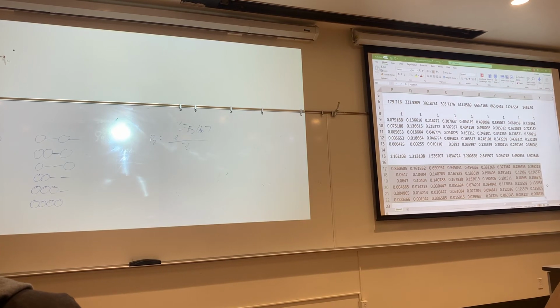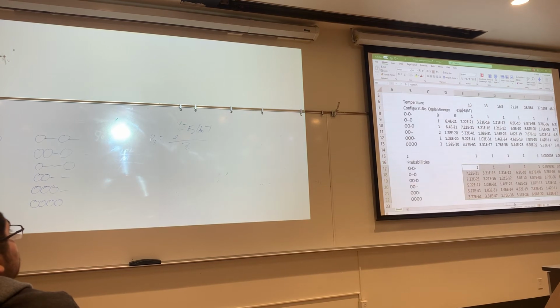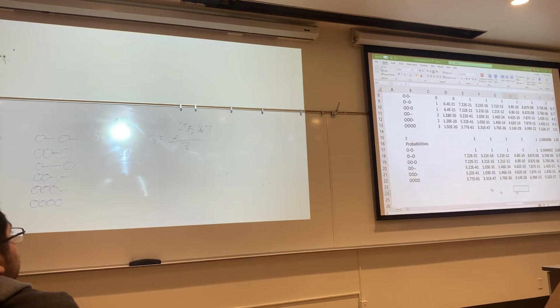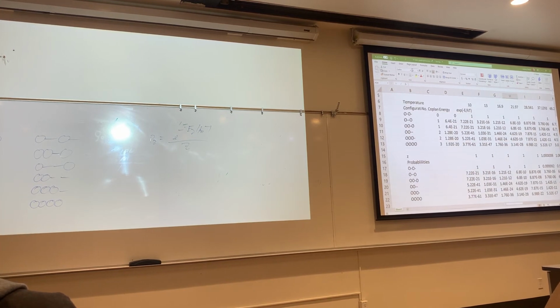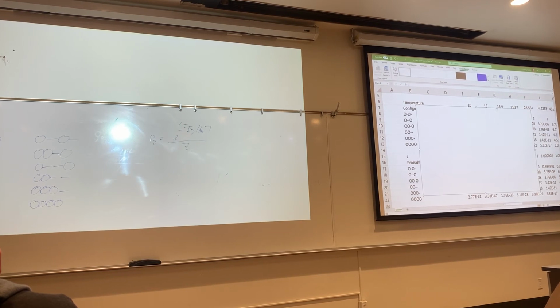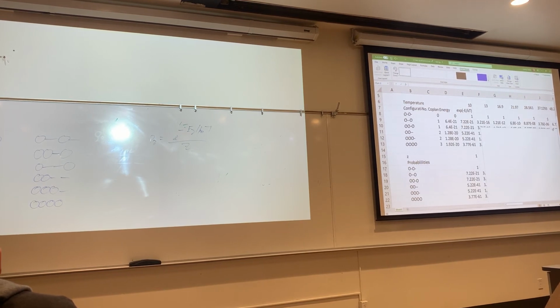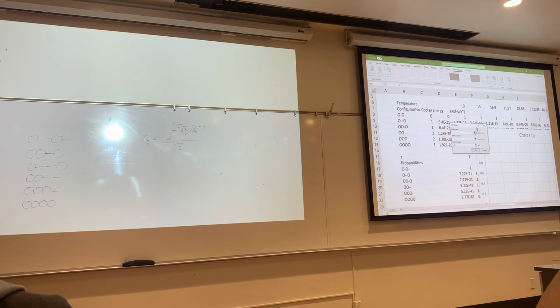So now we can directly have a look at what those probabilities are. So we can make our probability graph for that, and we insert the graph again in the same way. And then we select the data for this graph, and we add the data we are interested in.